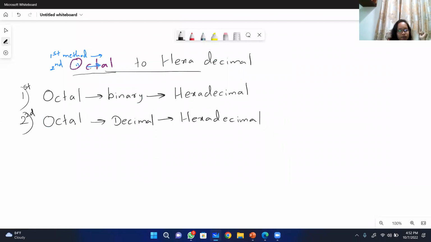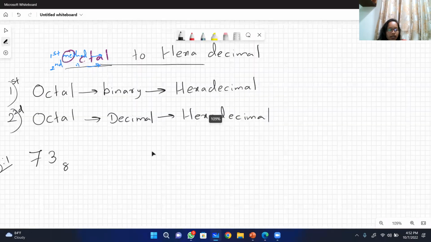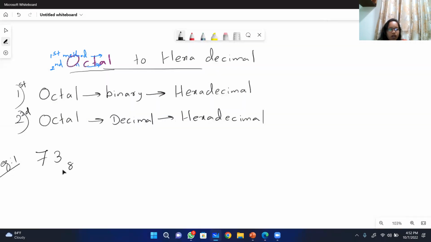Okay, the first example, we'll take 73, that is in octal, right? Example number 1, 73. So no need to do this in your books because we will continue with the tutorial. Just watch how to do this one.